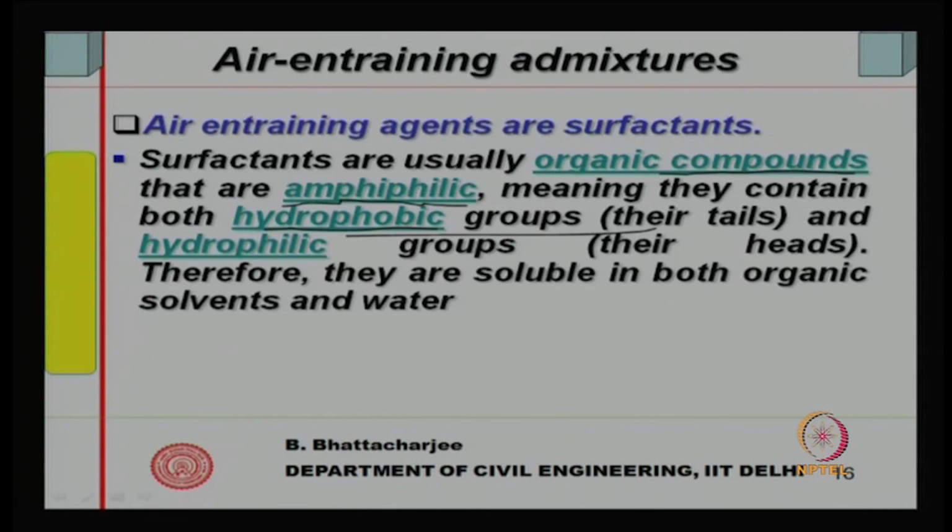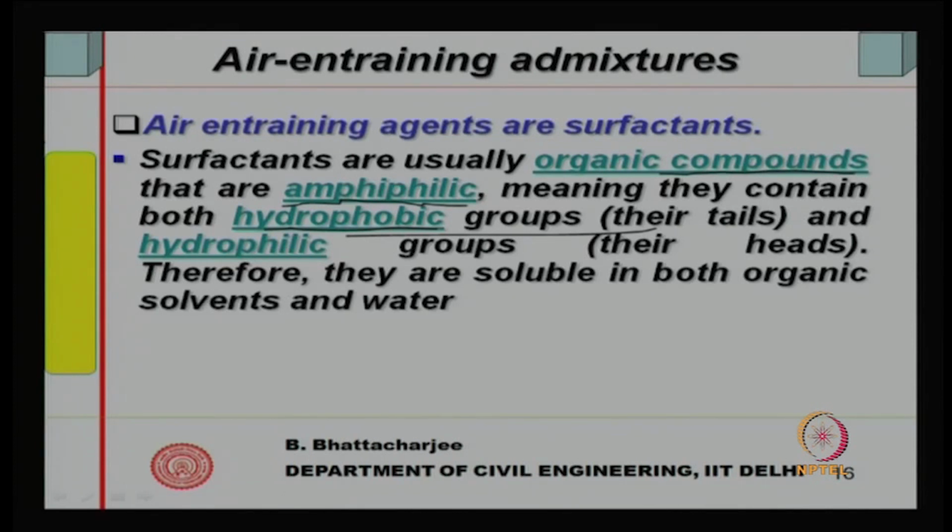hydrophobic tails and hydrophilic heads. What is hydrophobic? Which will push the water away, reject the water. Hydrophilic goes well with the water. Since they are hydrophilic, they are soluble in water and they are also soluble in organic solvents.